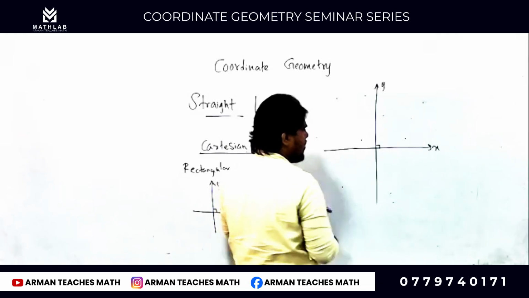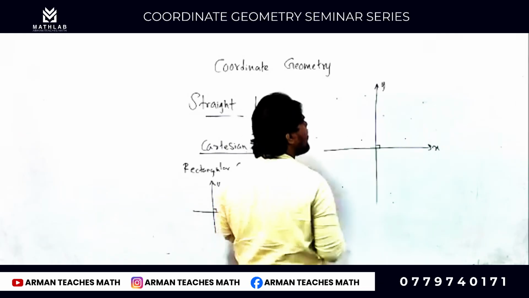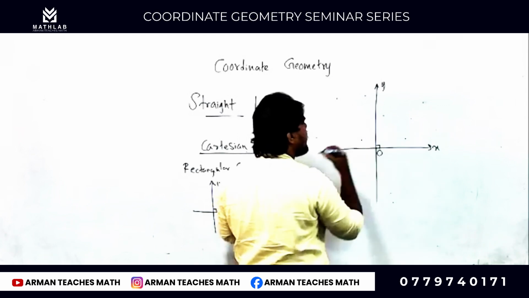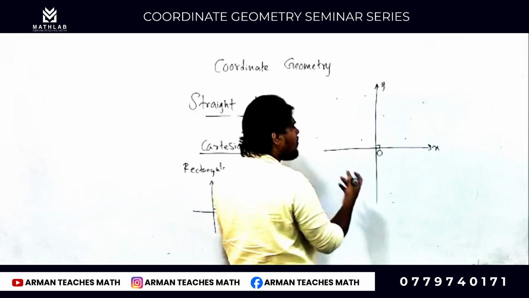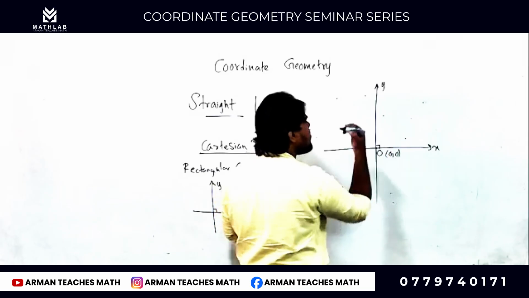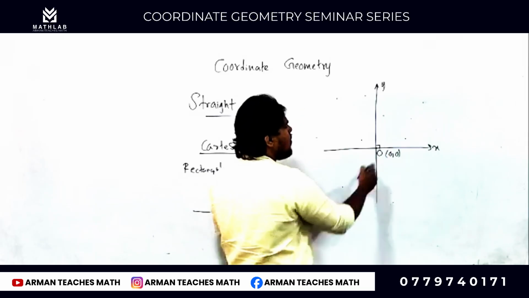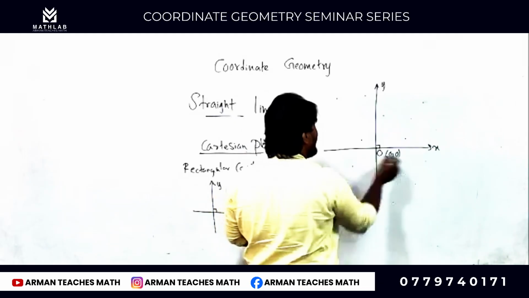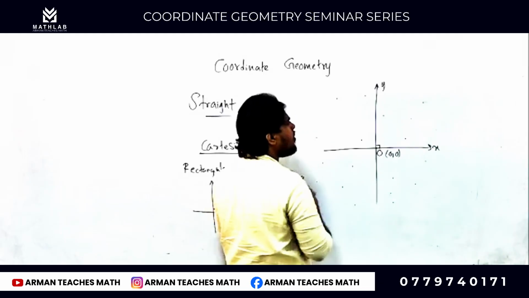Those points have an address. With respect to whom? With respect to the origin. We usually name that one capital O. The coordinates are going to be 0, 0. With respect to the origin, all these infinitely many points have an address.